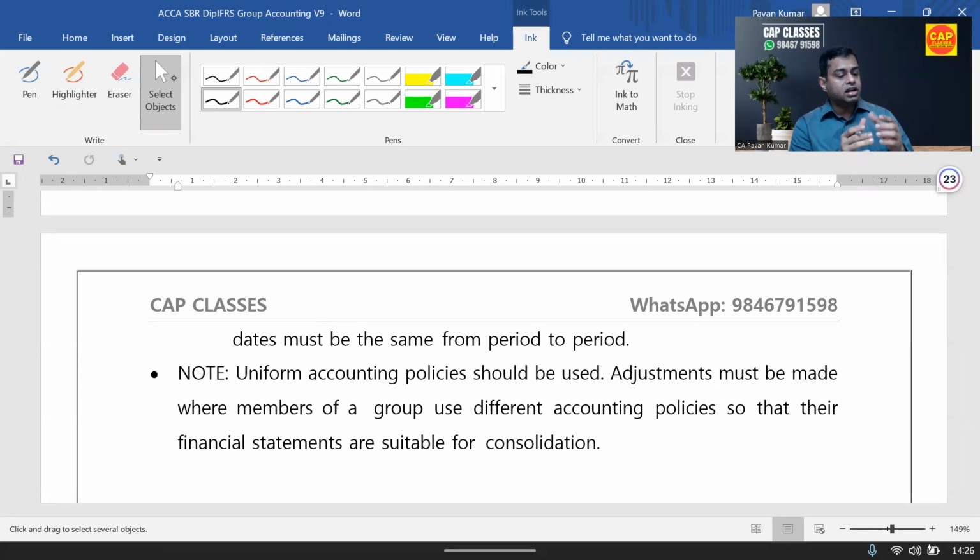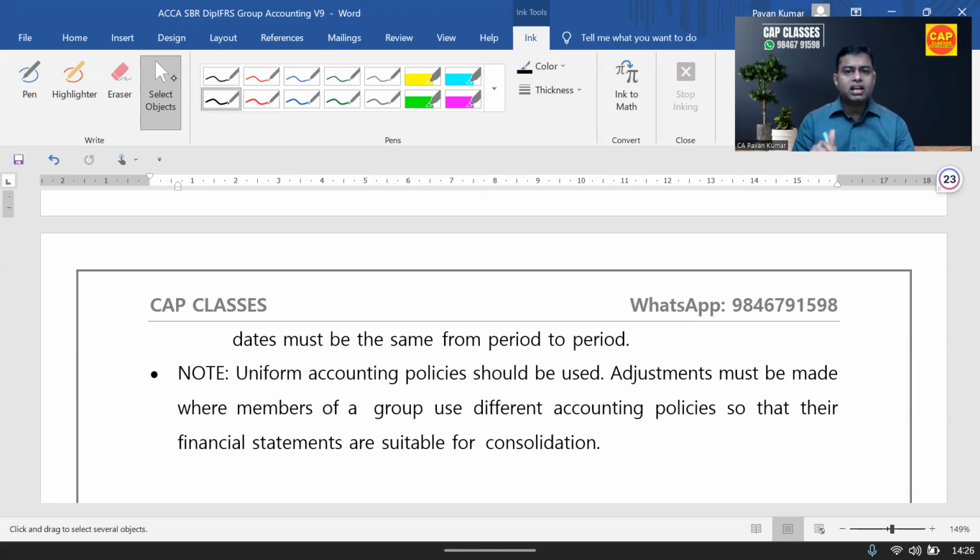Pavan sir, last year, the subsidiary company's financial year is ending on this date. The holding company's financial year is ending on this date. The gap between the reporting periods is 1 month. This year also, you should follow the same dates and same gap. Next year also, you should follow the same dates and same gap. This is similar to accounting policies being followed consistently.